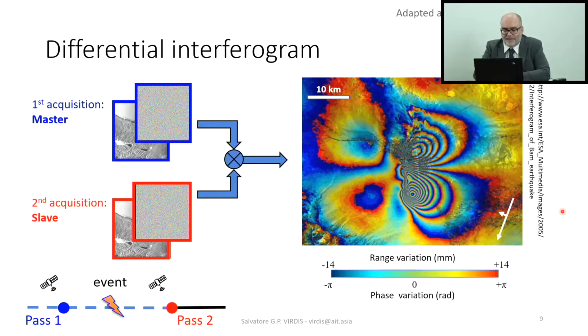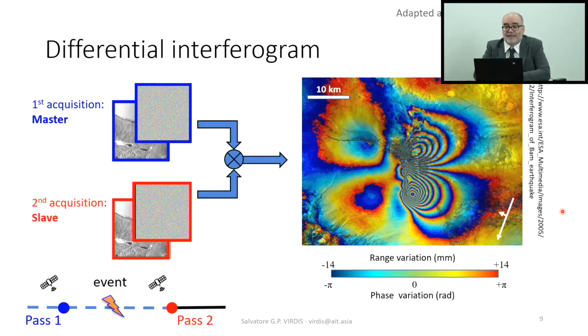So what is an interferogram? The interferogram is a set of pixels that represent the phase variation. Every color here, as I explained in the previous slide, represents a phase variation in space. Every one of these fringes can then be associated with a range change. And what does the range change represent?